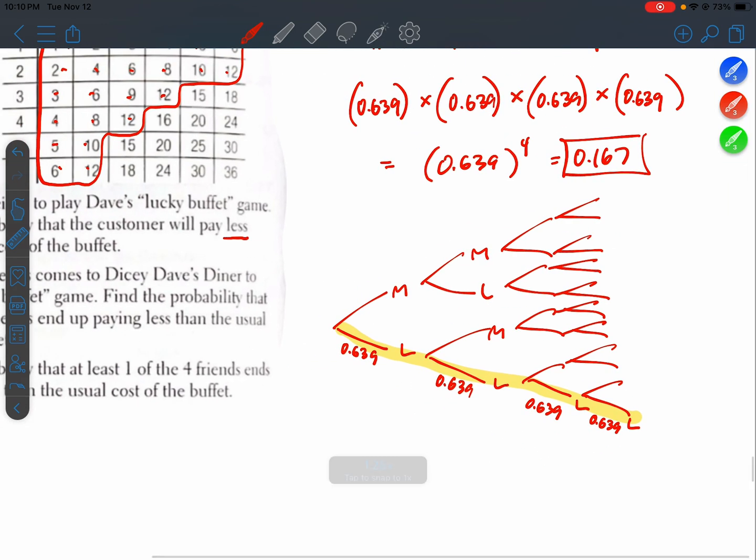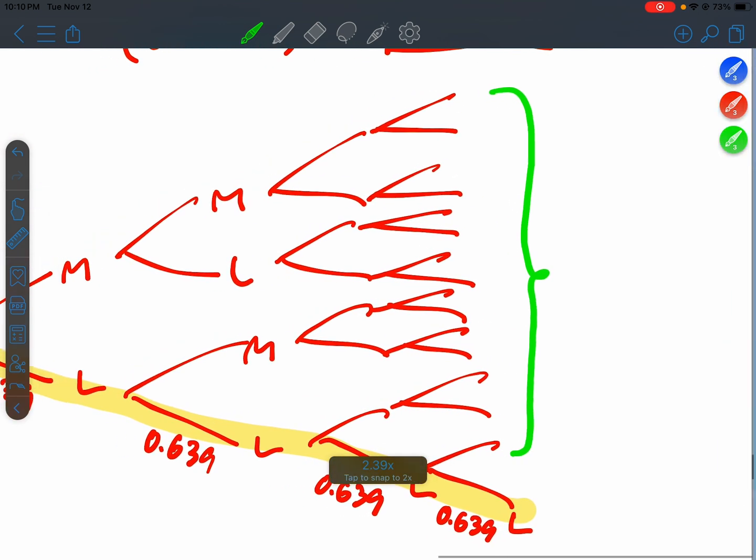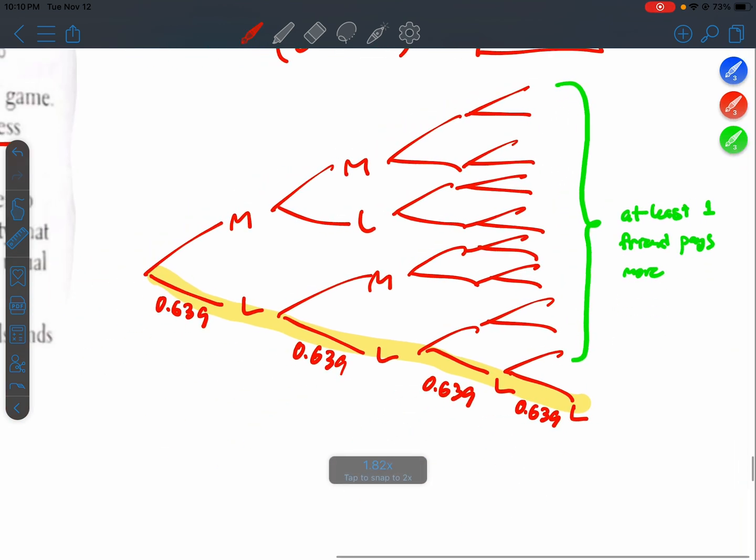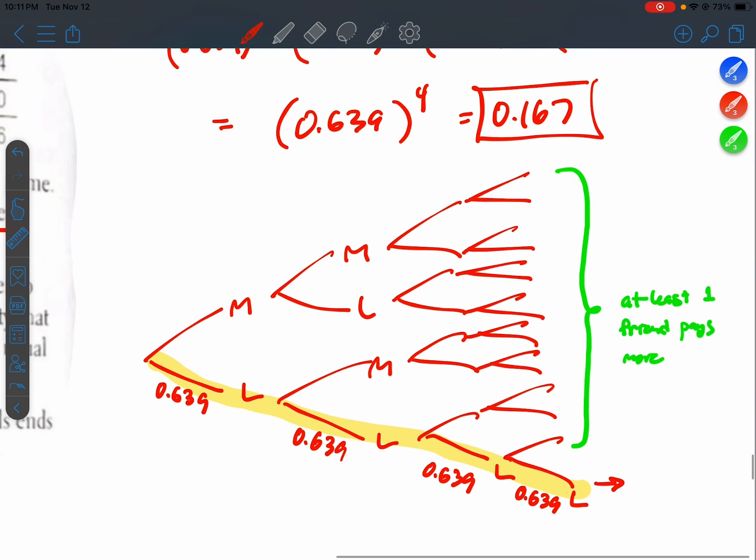Okay, so in other words, these 15 outcomes would classify as at least one friend pays more. This outcome at the very bottom is the only one where everybody pays less, and that probability is 0.167.